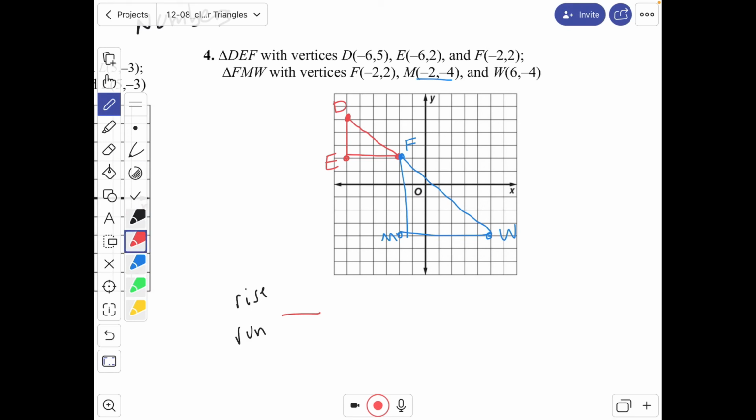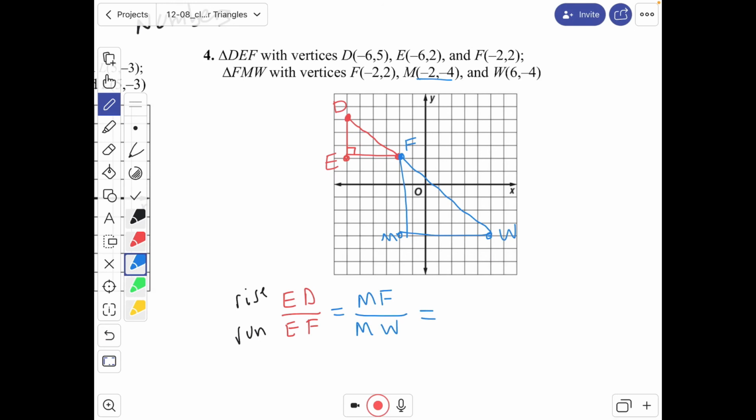So for the first triangle, the red one, the rise is ED, and the run would be EF. And both times I started from the right angle corner. So for the next one, the rise is MF, and the run is MW.